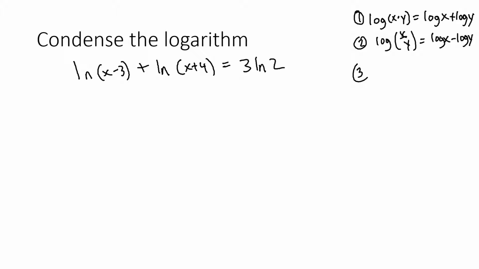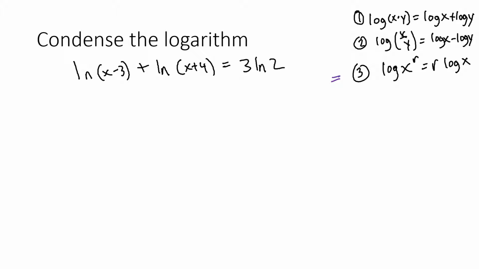And the third property says that if we have a power, we just bring that power to the front when we're expanding it. So we can really use a couple of these to simplify our log expressions.